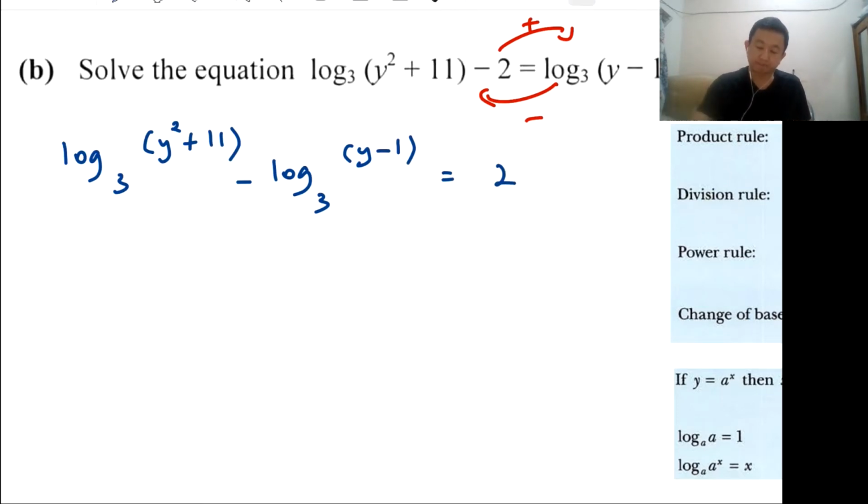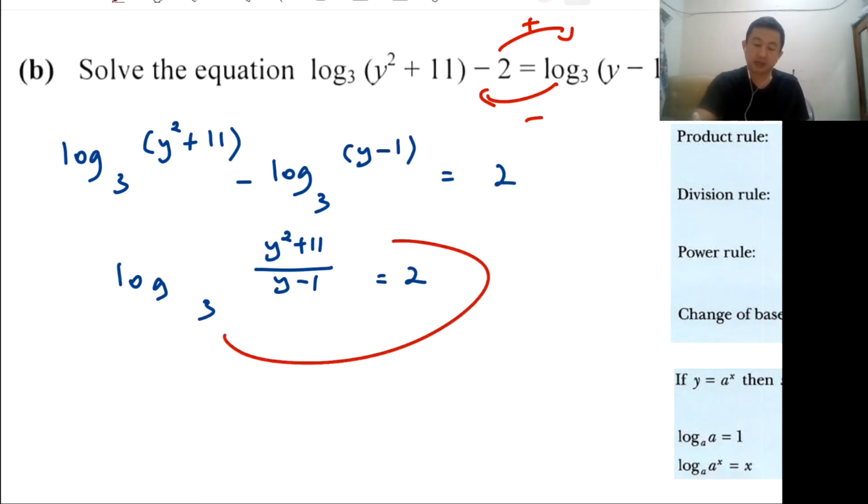Division rule. Change them back to index form. Change it.